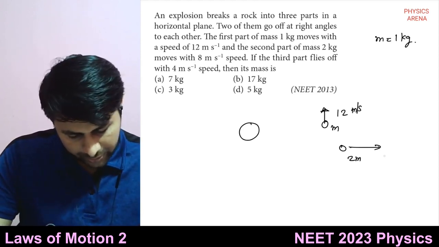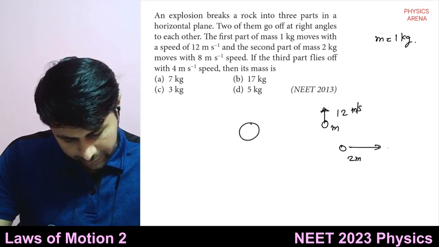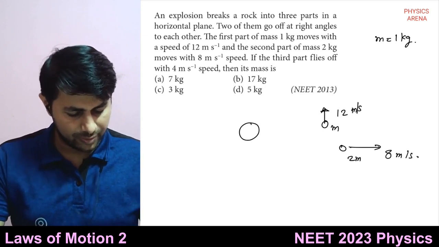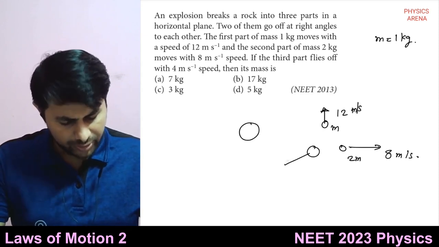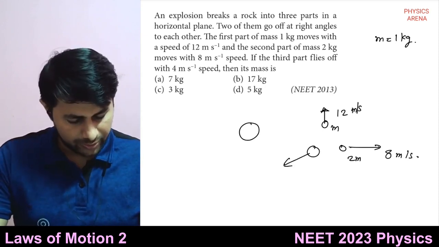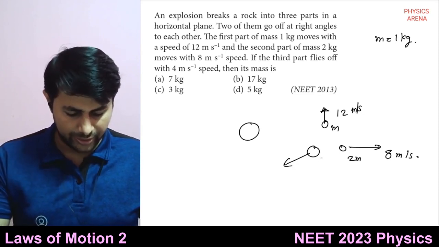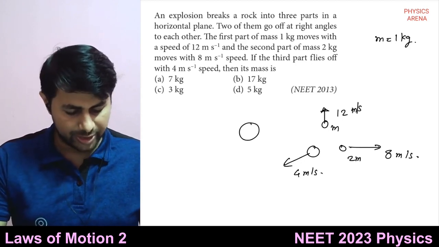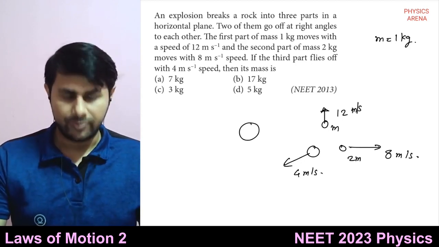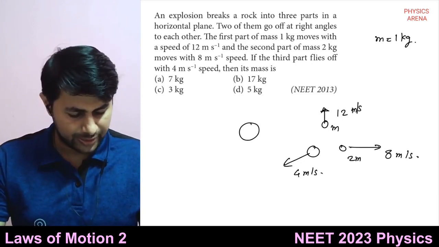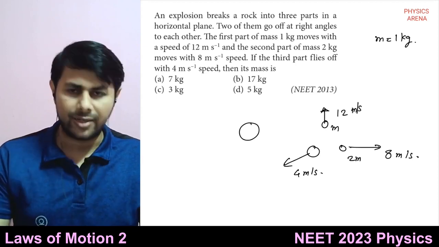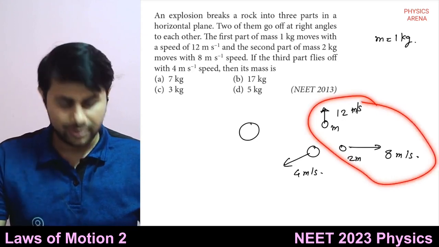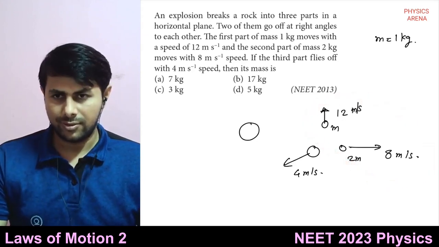And this one goes up with 8 meters per second. The third one moves in some direction we don't know, and its speed is 4 meters per second. Speed, not velocity. So what do we have to find out? We have to find the magnitude of the momentum.